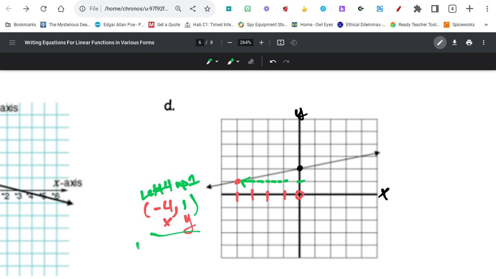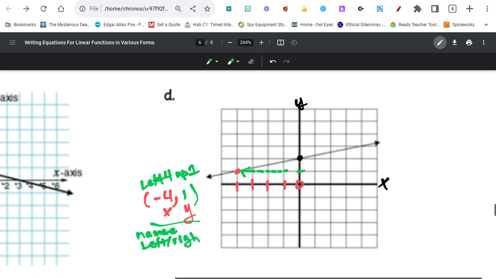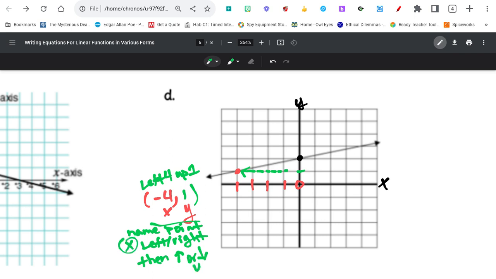But when you name a point, you always go left or right first, and then up or down. Because left or right gives you your x coordinate, and up or down gives you your y coordinate, okay?